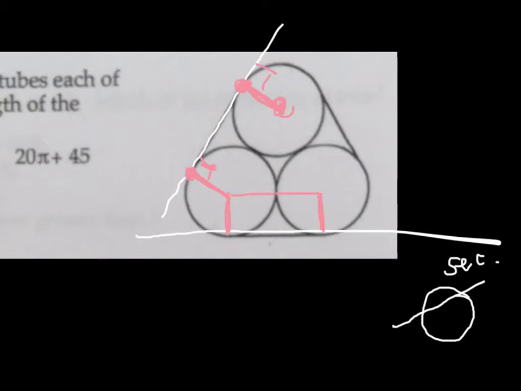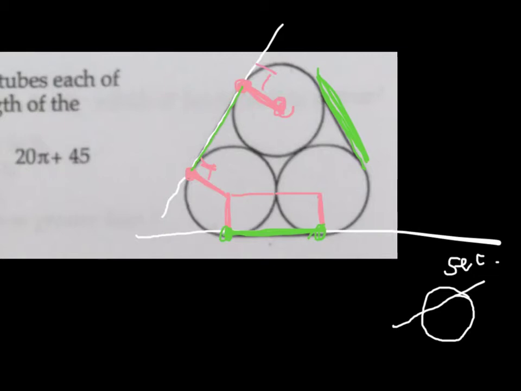So the distances we care about are this distance plus this distance plus this distance. Each of those is the same, and it's easiest to see that the bottom one is 10.